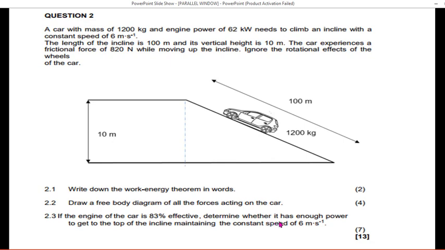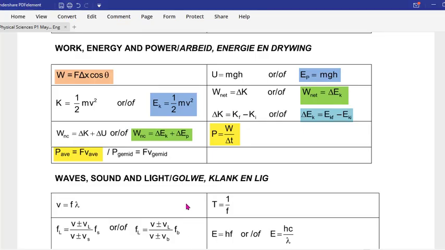We're given the constant speed of 6 meters per second, to determine whether it has enough power to get to the top of the incline while maintaining this constant speed. So when we check the formula sheet, we see there are two ways to calculate power: power is equal to work done divided by time taken, and average power is equal to the forward force multiplied by the average speed, which is also a constant speed.